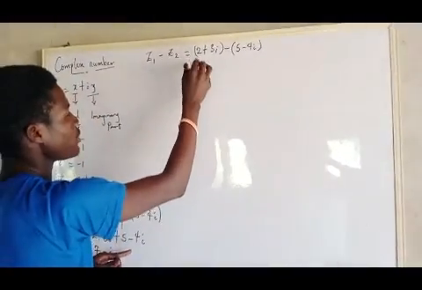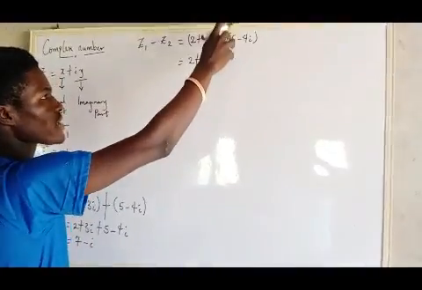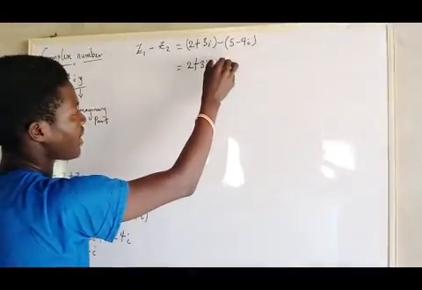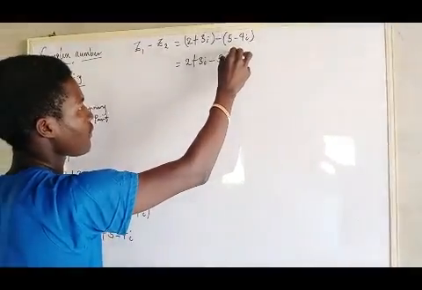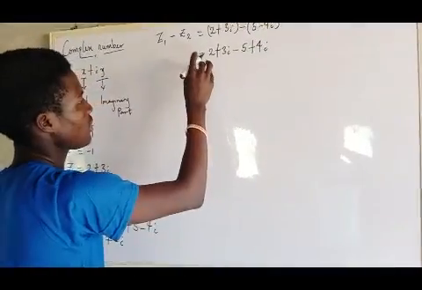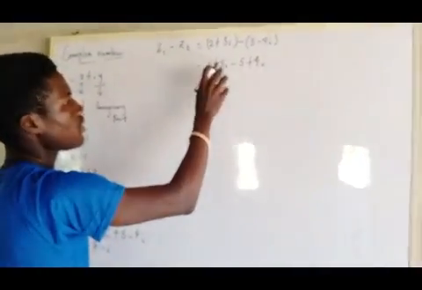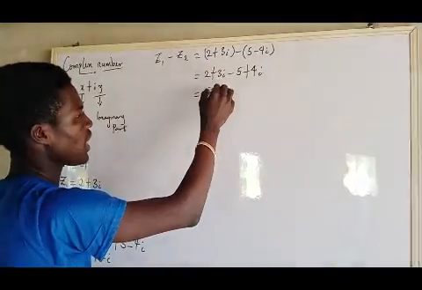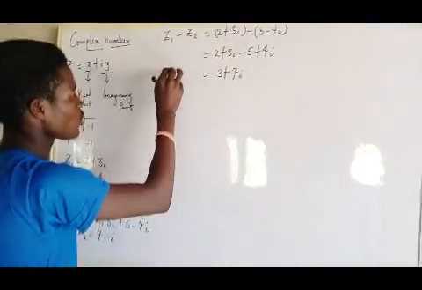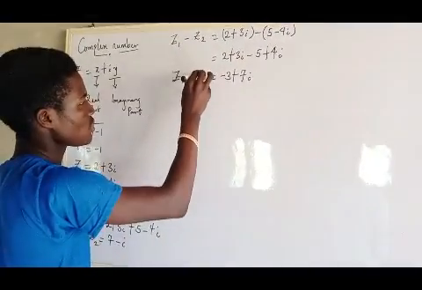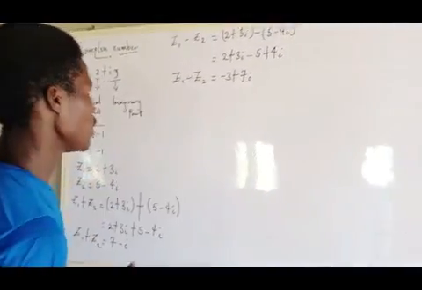That will be 2 plus 3i minus 5 plus 4i. 2 minus 5 will give us minus 3, and plus 3i plus 4i will give us plus 7i. So that means our z1 minus z2 is minus 3 plus 7i. Do you understand now?